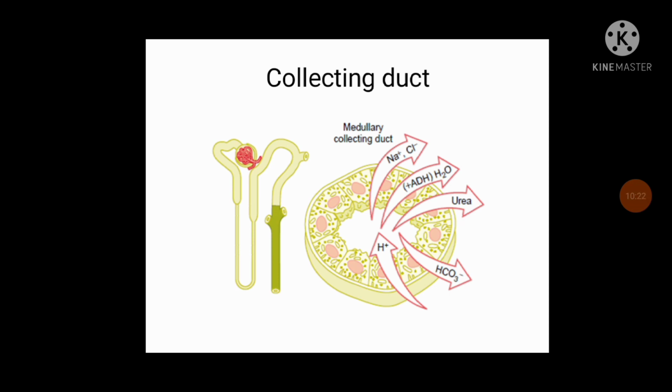The later part, called the collecting duct, has the important function of increasing the absorption of sodium chloride. It increases the absorption of water, which is usually influenced by ADH. There will be absorption of urea, and absorption of bicarbonate with the secretion of H plus ions.